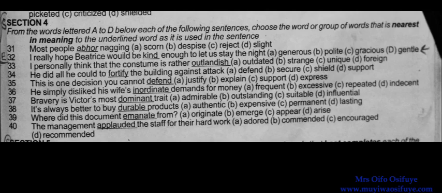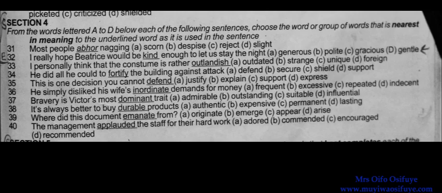Gracious. The sentence will now read: I really hope Beatrice would be gracious enough to let us stay the night. Gracious has been used to replace kind, because from the options, gracious is nearest in meaning to kind. That is for section 4.